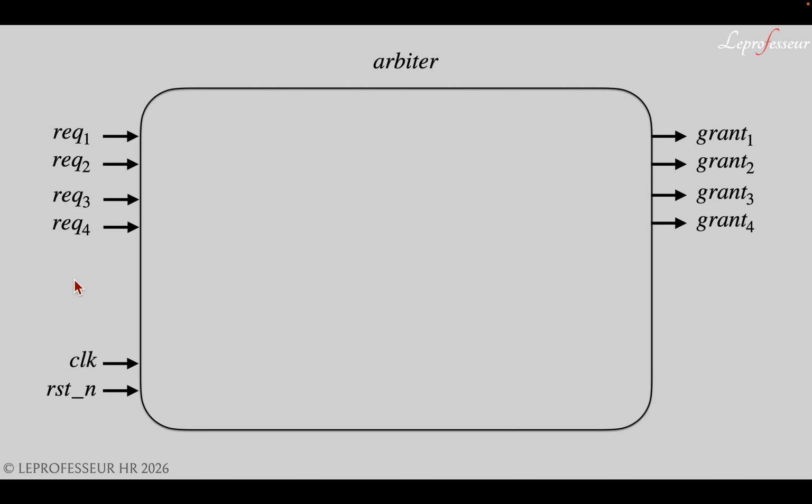Then a simple algorithm would help determine which one should get access. If requester one got access, then requester one should not get access until all other requesters have got access. Otherwise, requester one will keep on getting access and other requesters will starve.